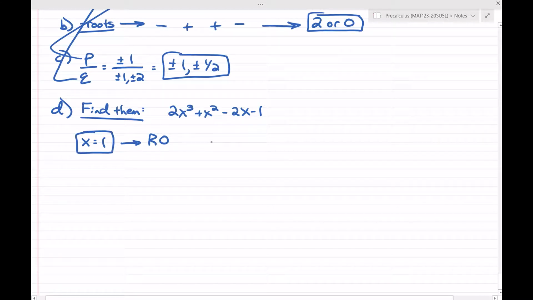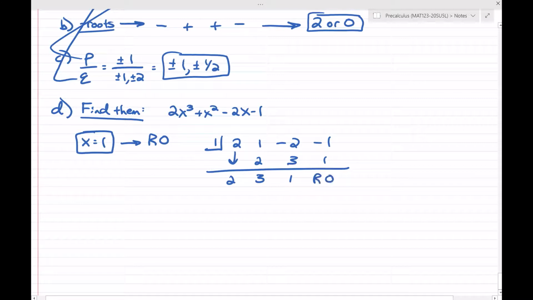So now we're going to do synthetic division. We get a remainder of nothing, as we were expecting. Our depressed polynomial is 2x squared plus 3x plus 1. And we could factor this to finish. And it looks like they both would be positive.